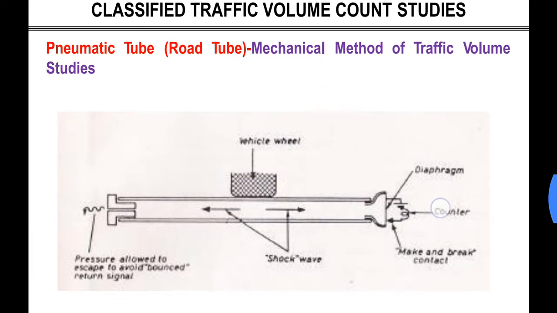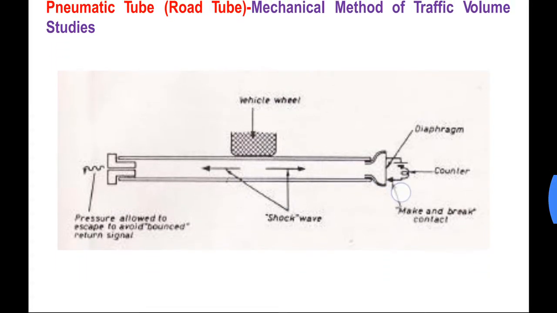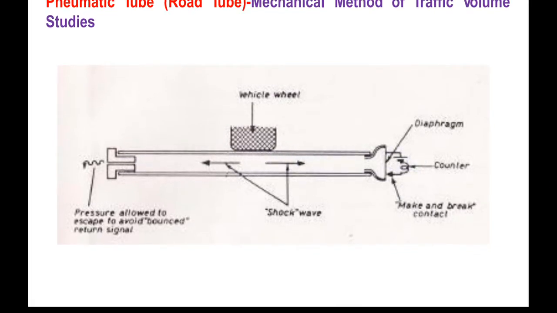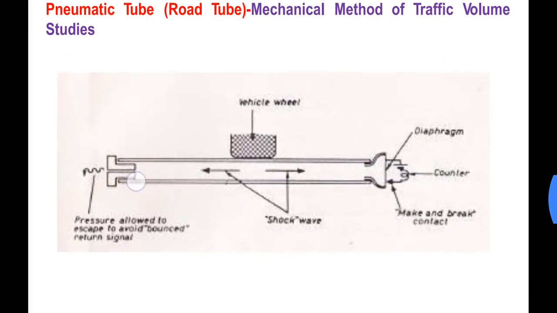So the first type is pneumatic tube or road tube. Here, as you can see in the diagram, there is a tube and a counter is fixed to one end and the other end is plugged.